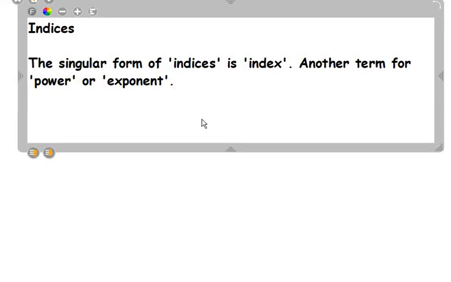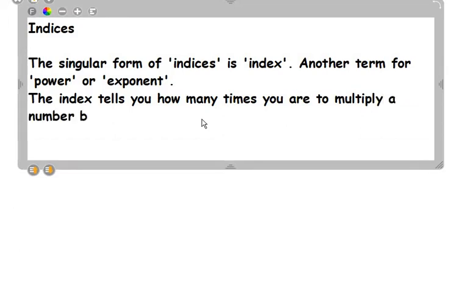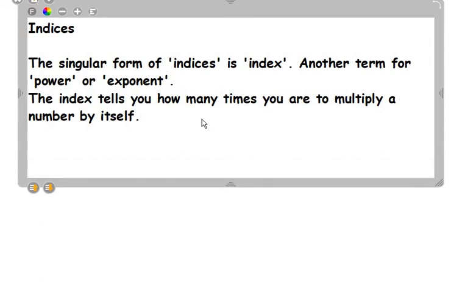Okay, so what is a power, exponent or index? The index tells you how many times you are to multiply a number by itself. Okay, so say for example, the index in 2 squared.